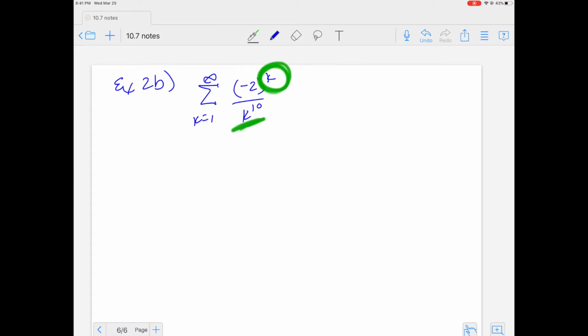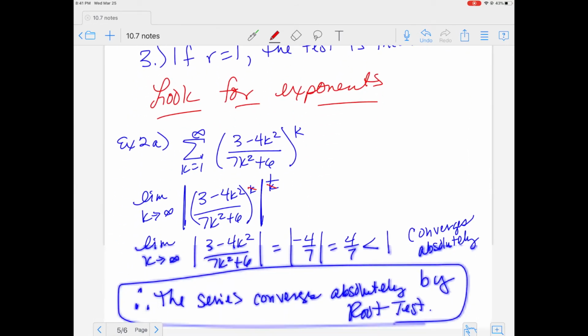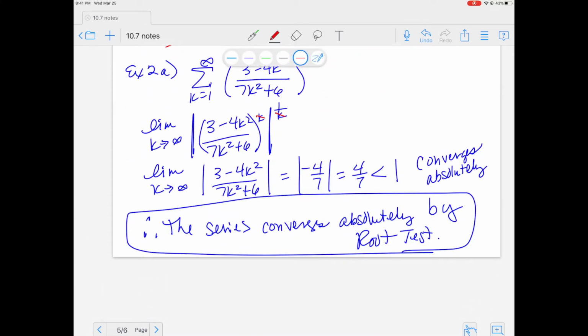This, I don't care, well, that's fine, whatever. But this is to that k power, so that is my defining characteristic that I'm going to be using that root test. All right? Doggone it, I did it again. I didn't write out my r. So r is equal to this, r is equal to this. So r is actually equal to this 4/7, which is less than 1.